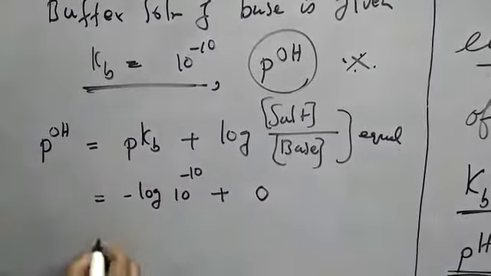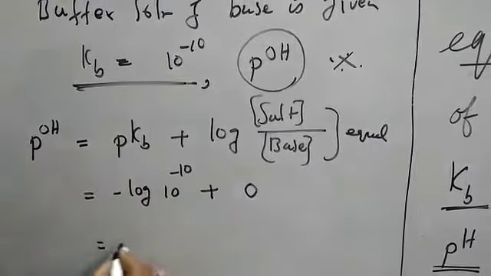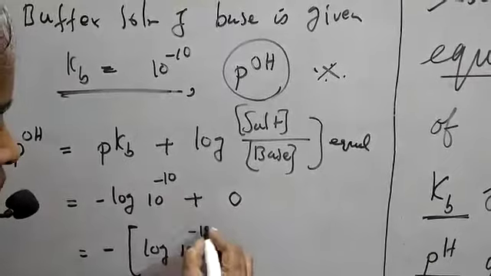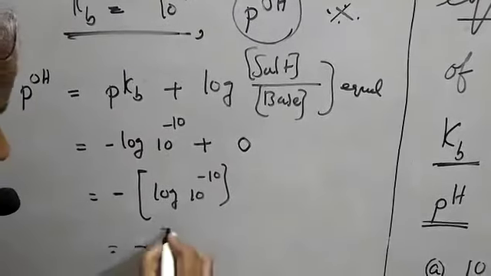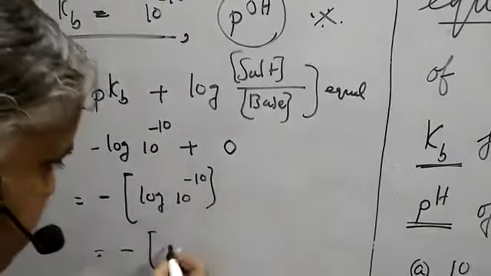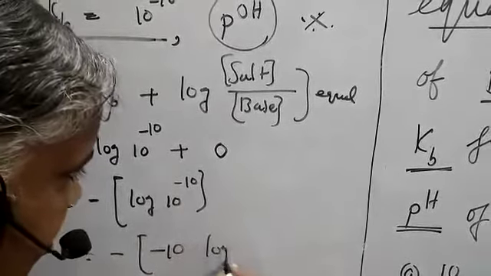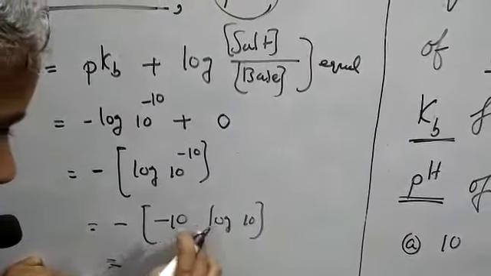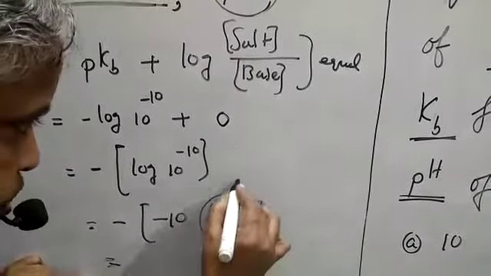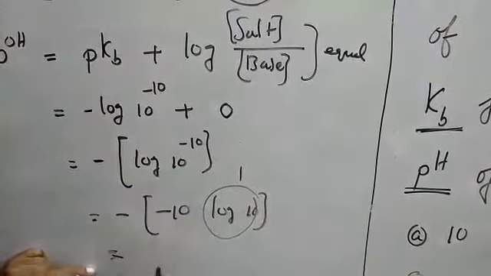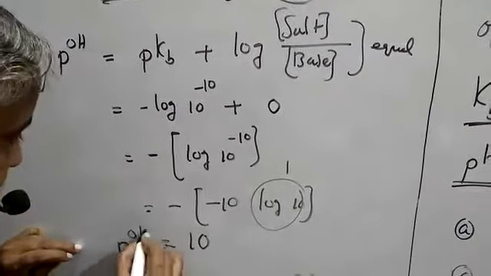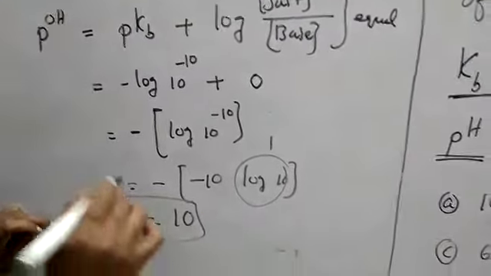Now the next step, you bring here minus of log 10 to the power minus 10. Bring the minus 10 here, minus 10 log 10. Log 10 is equal to 1, minus into minus is plus, so what you are getting is 10. So pOH is equal to 10.